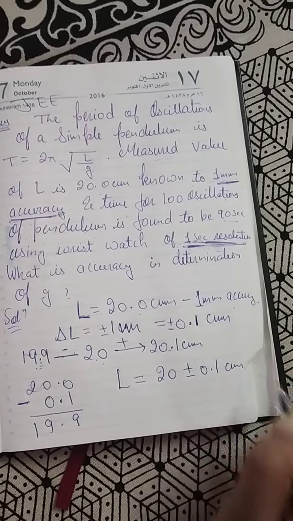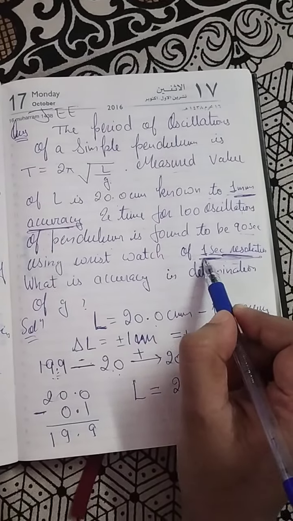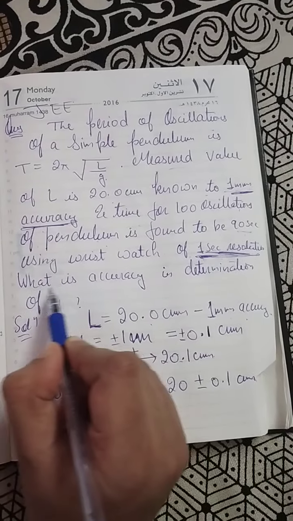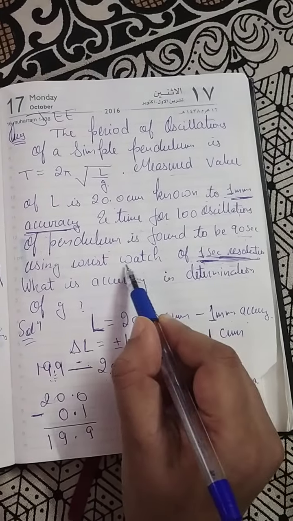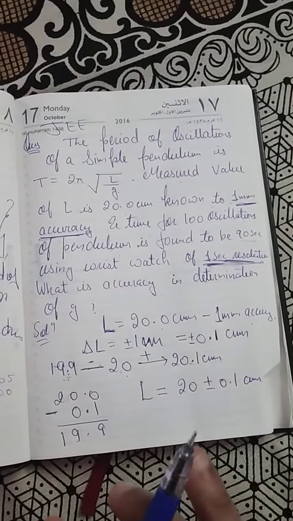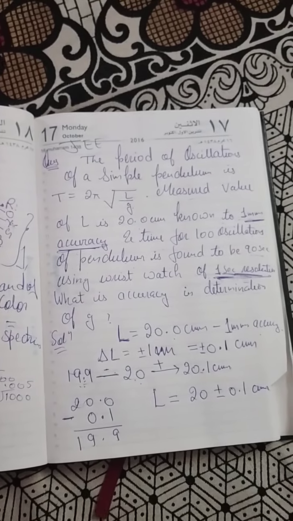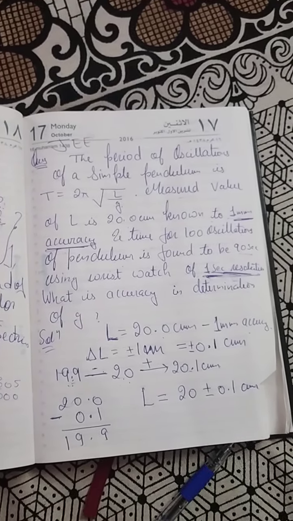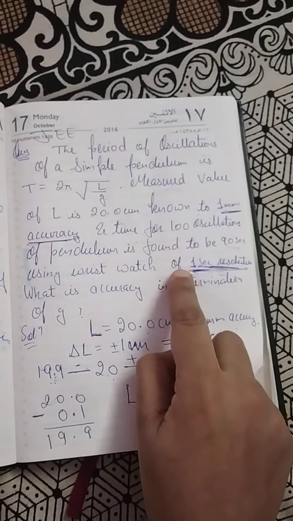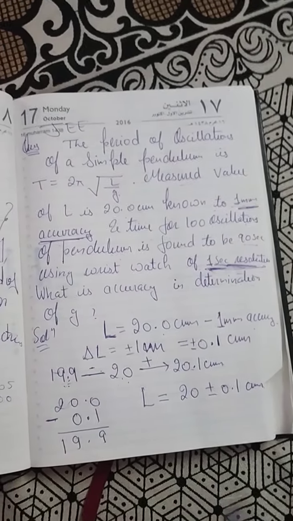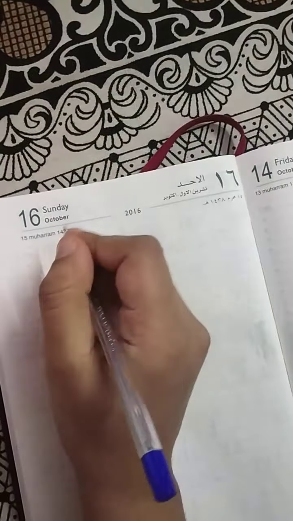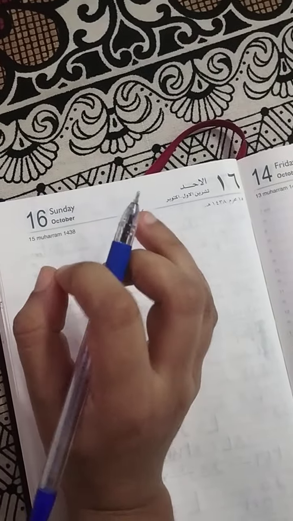Now students, what do you mean by 1 second resolution of its accuracy? I will give you a very nice explanation of what you mean by 1 second resolution. Just listen. Look, what do you mean by resolution?